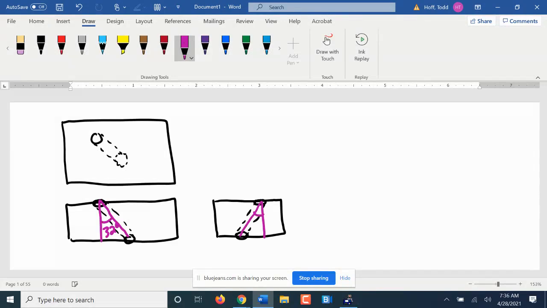And this angle here, we'll call that one 26 degrees. We'll find our angle of rotation.